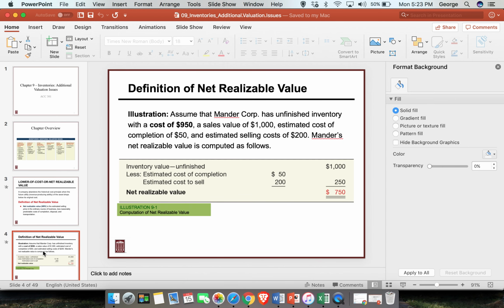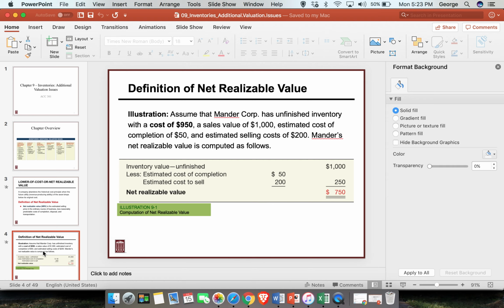All right, so here's a quick example of net realizable value. A company has unfinished inventory of $950, with a sales value of $1,000. The estimated cost to complete the item is $50, and the estimated selling costs are $200. How much is our net realizable value?